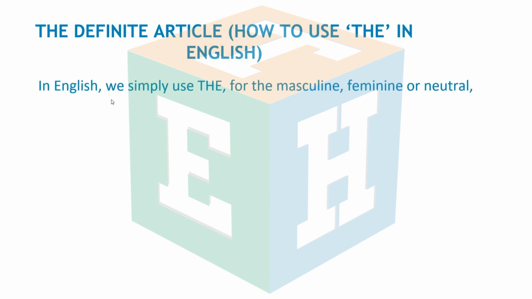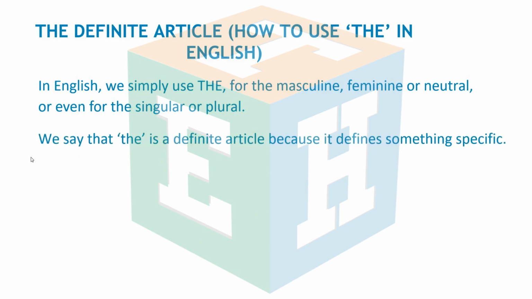In English, we simply use the for the masculine, feminine, or neutral, or even for the singular or plural. We say that the is a definite article because it defines something specific.